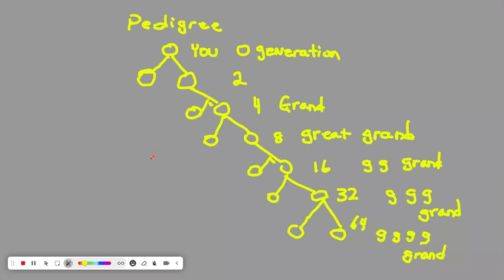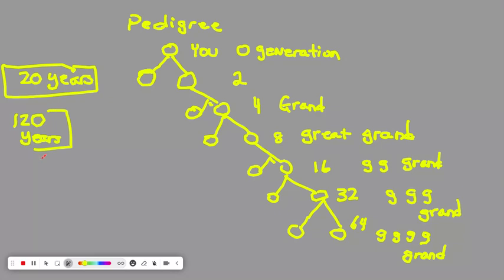So if we think of a generation of how many years this could be, and it could be different for different people, let's say it was every 20 years. Of course, it usually doesn't work out that way. So in this generation over here, that would be 120 years. But for you or for someone else, it could be more. So in general, if we say every 20 years, that would be 120 years. You would have 64 great, great, great, great grandparents.